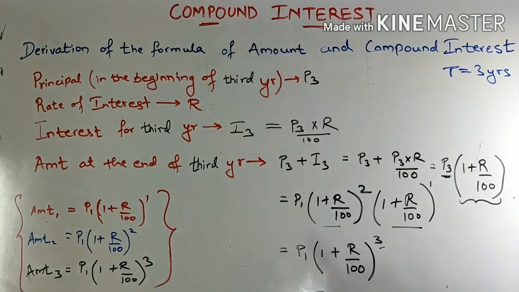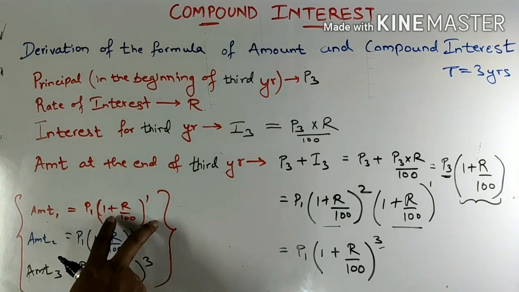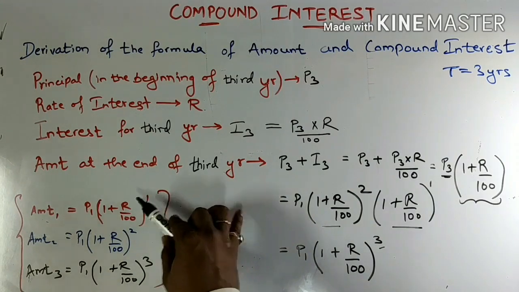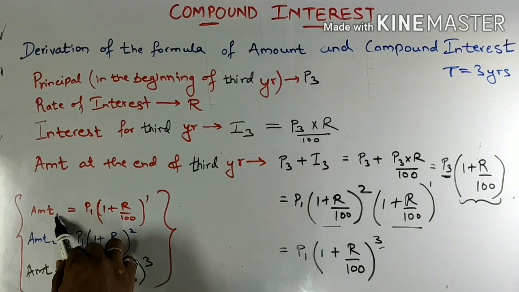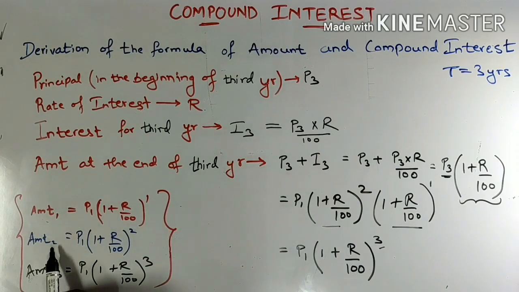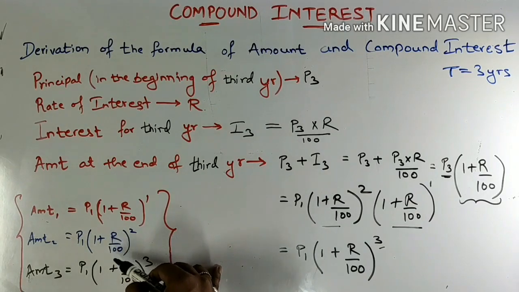If you see the relation over here between these formulas of amount, what is common is this P into 1 plus R by 100. The only number that is changing is, as the year is changing, my number is changing. Amount for the first year has 1 in the power over here. Amount at the end of second year has 2 in the power of this 1 plus R by 100.